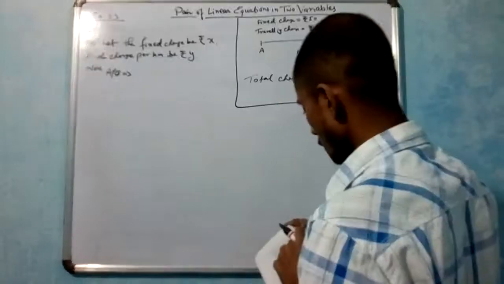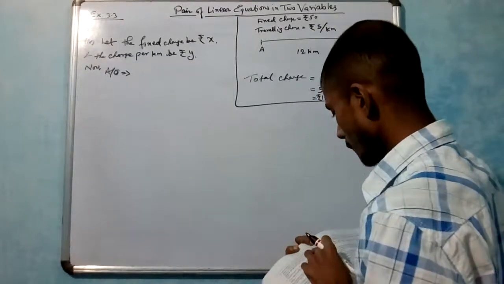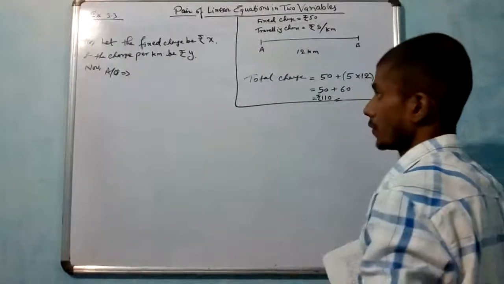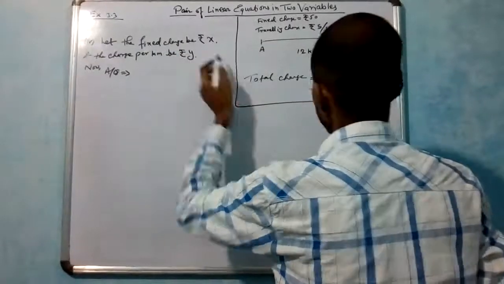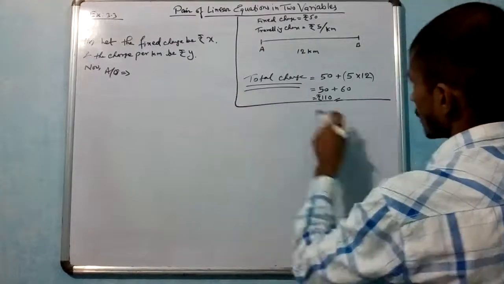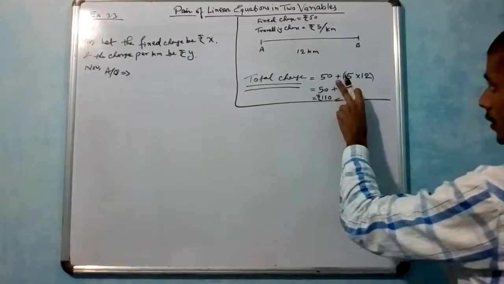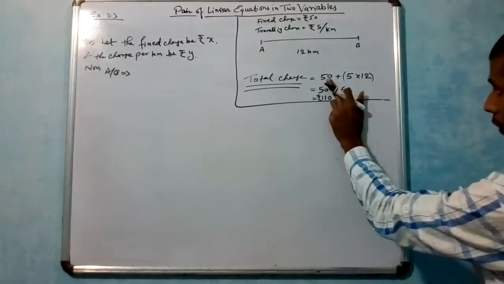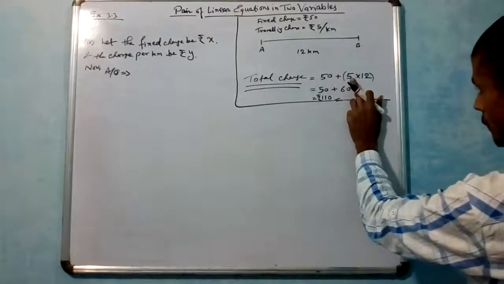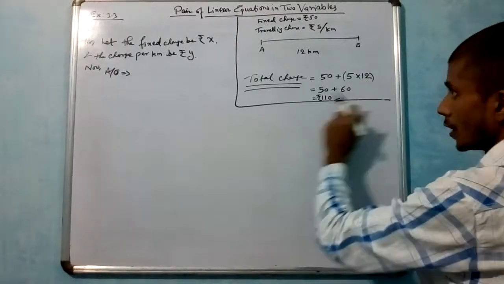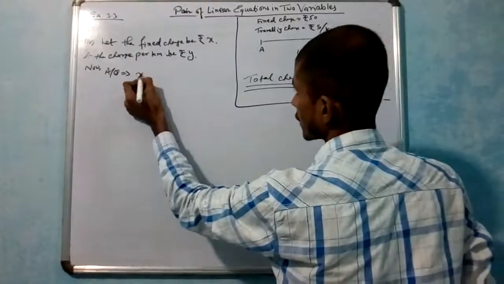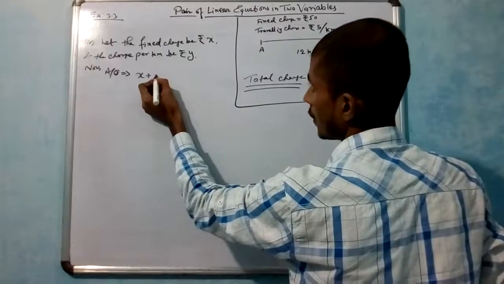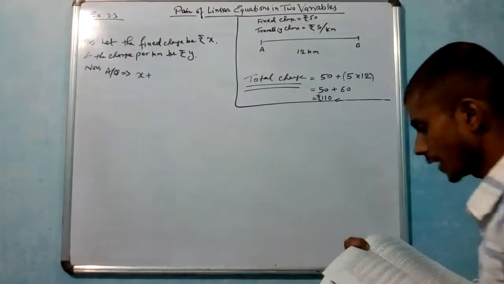For a distance of 10 kilometers, the charge paid is rupees 105. For a distance of 10 kilometers, so how can we arrange the total charge? Fixed charge plus the charge per kilometer into the distance traveled. So what is the fixed charge? X plus the charge per kilometer is Y. And how much distance traveled? 10.